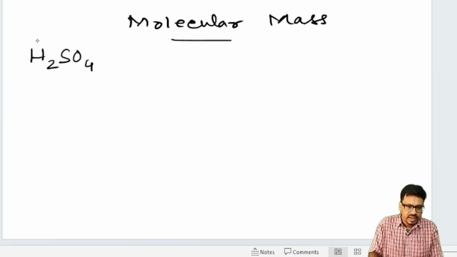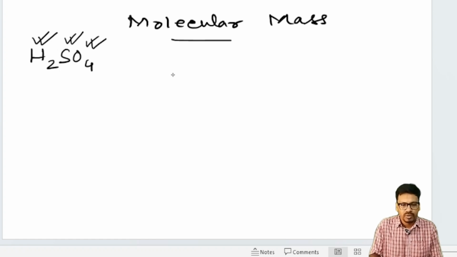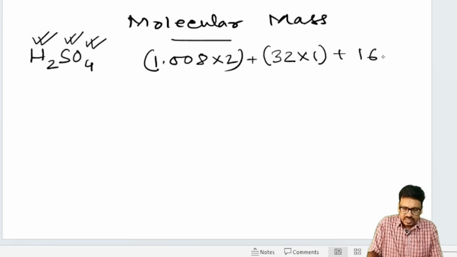It contains 2 hydrogen, 1 sulfur and 4 oxygen. So their molecular mass is 1.008 into 2, this is the hydrogen, and sulfur, that is 32 into 1, and oxygen is 16 into 4.